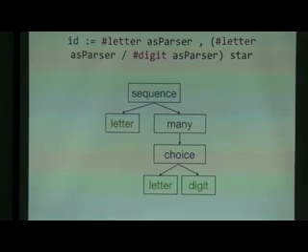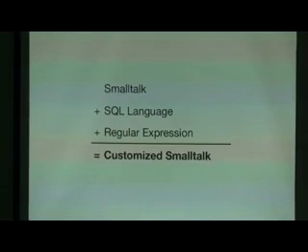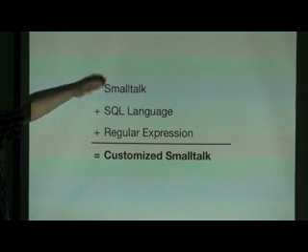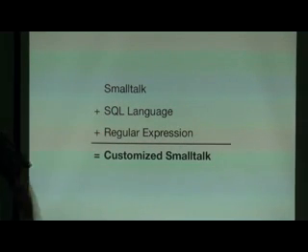But just to make it short, it's basically based on order. So whatever comes first takes precedence. So in this case, Smalltalk would take precedence over SQL, and SQL would take precedence over regular expression. But there is a bit more fancy stuff that you can do about it. It's kind of cool, but it probably goes a bit too deep for this presentation.